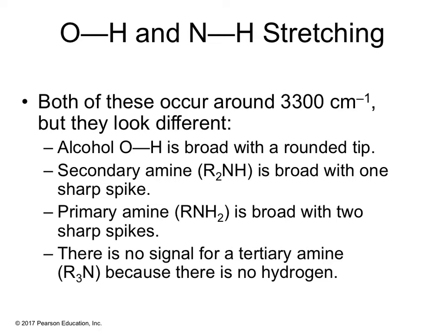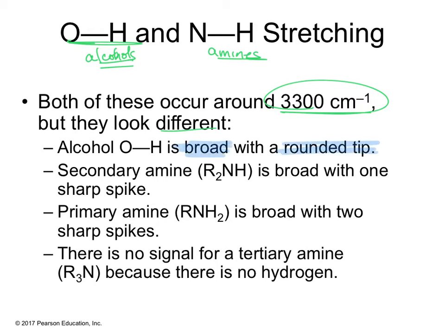Okay, functional groups are really good. So when you get into alcohols, it's really nice if you know your functional groups by this point. Alcohols and amines, you can see the OH and the NH stretching. They both occur around 3300, but they're going to look different. The alcohol is broad, and it has a rounded tip.